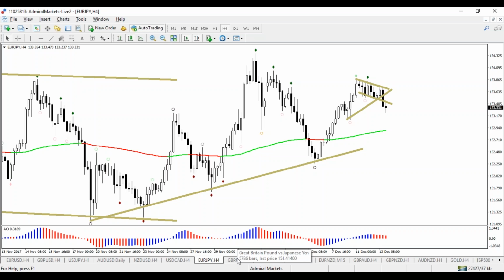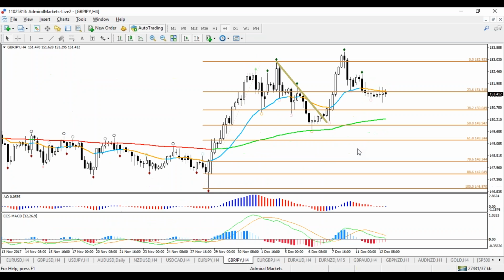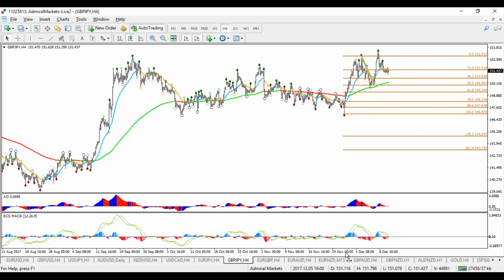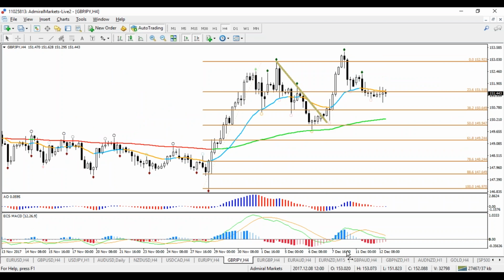I think also a bit tricky. The formation is basically showing kind of an ABC correction, and it looks like it's responding to the support. Dollar yen is moving up, pound dollar is a bit uncertain, so pound yen is struggling too, as you can see.